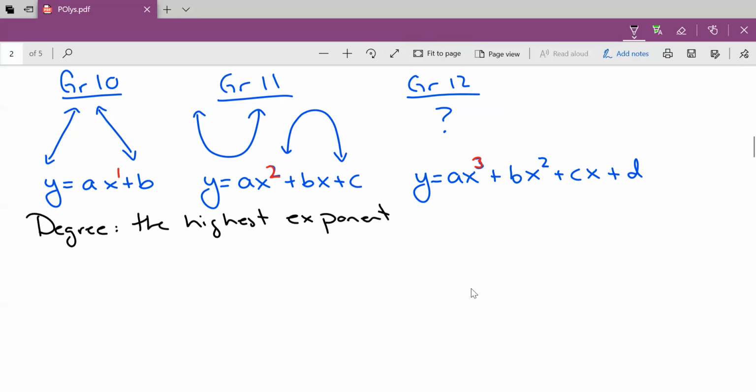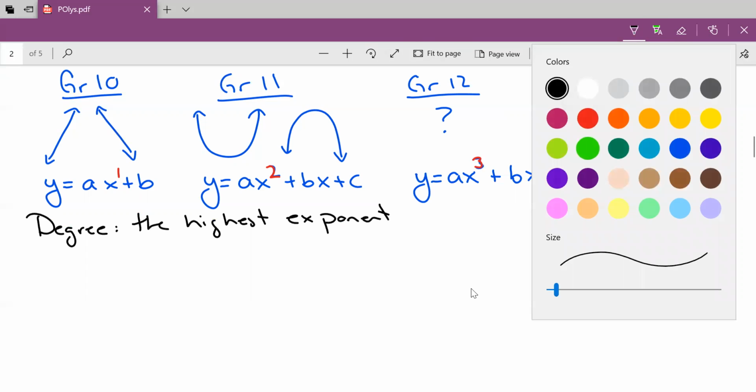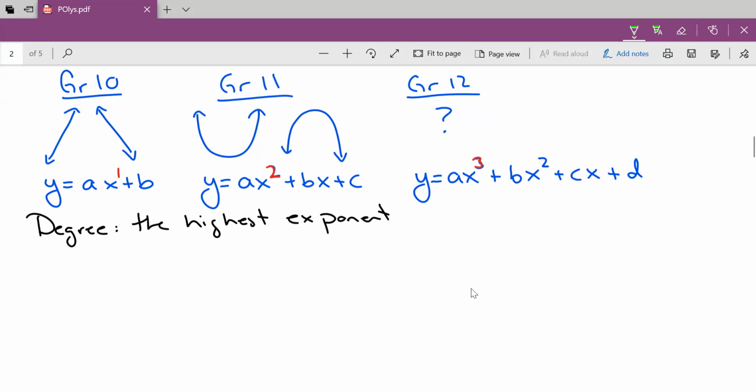Now, in grade 10, a couple other things that we analyzed on our graph is we would have said, okay, what does our slope tell us about our graph? What does this initial number tell us about our graph? Well, in grade 10, we would have said, if the slope was positive, our graph would have ended going up this way. And if our slope was negative, we would end going down. Same thing here. If my lead coefficient was positive, we would have said this graph would have ended up.